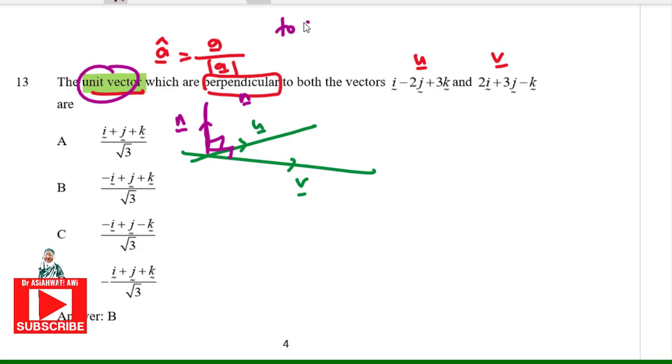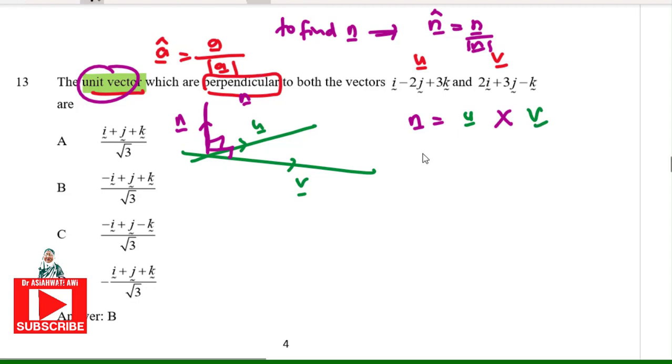To find vector N, we need the cross product of the two vectors, vector U cross vector V.